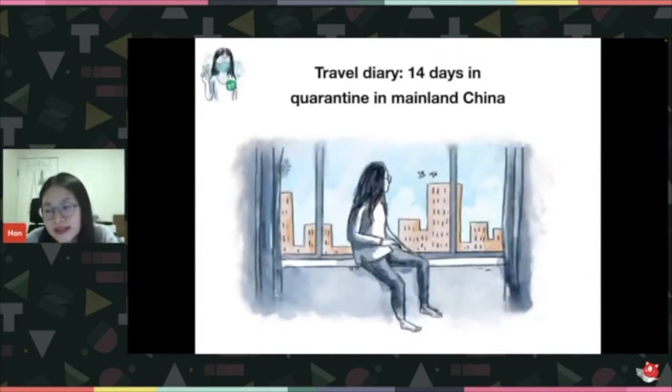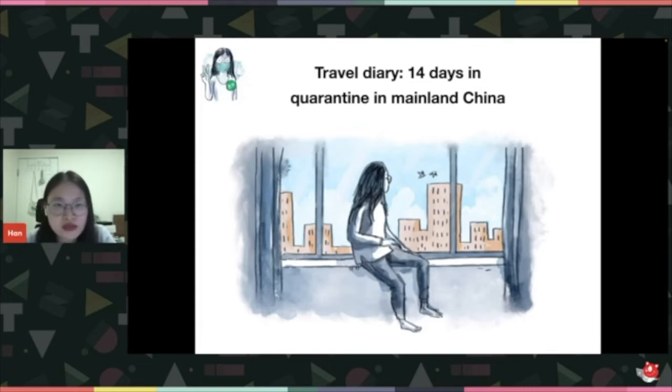I think not only images can be data; sometimes your personal data can also be the data source to create a nice graphic. I currently work in Hong Kong, but my hometown is in mainland China, around 3 hours by bus from Hong Kong. Before the pandemic, I usually went home once or twice a month.